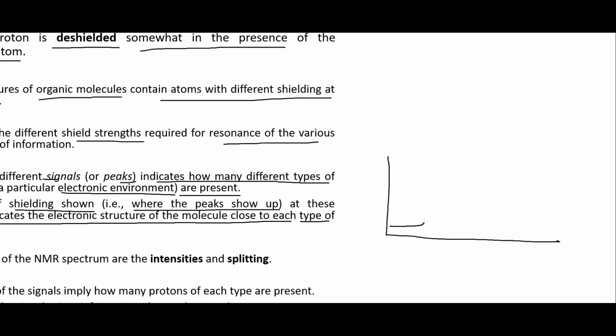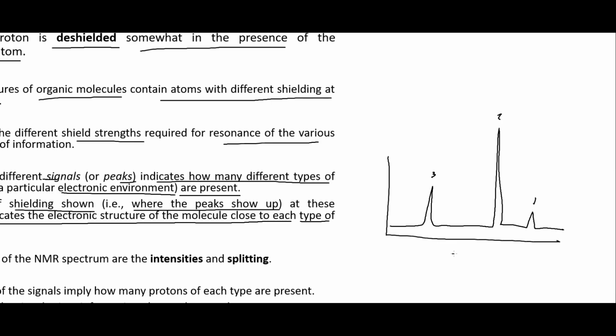Say we have something that looks like this, then another one over here that looks like that, and another one over here that looks like that. So what we see is that we have 3 different types of proton environments: peak 1 here, peak 2 here, and peak 3 here.